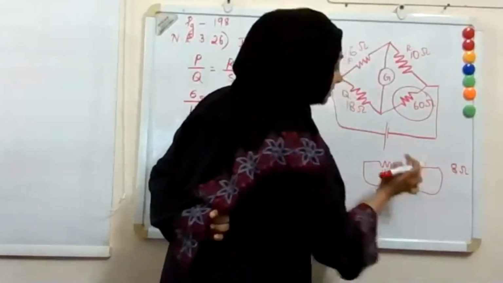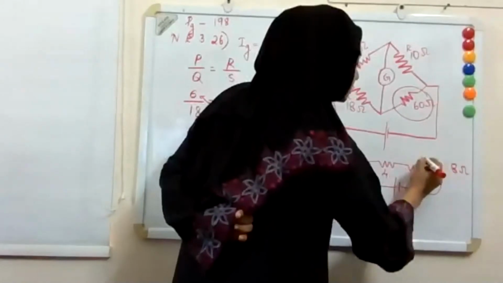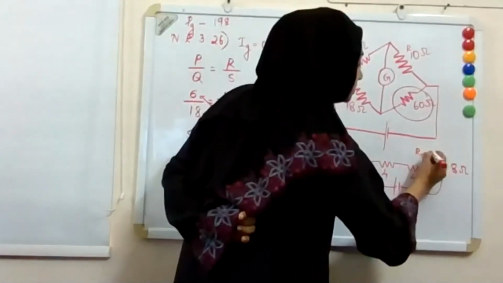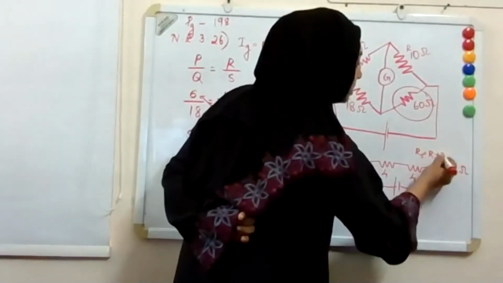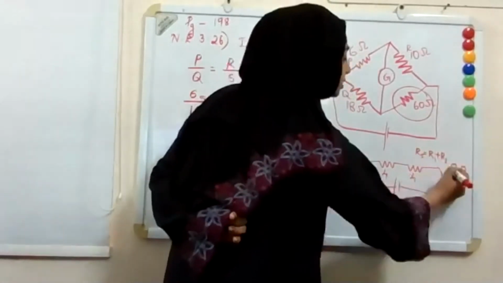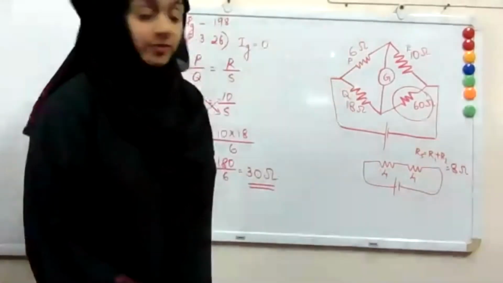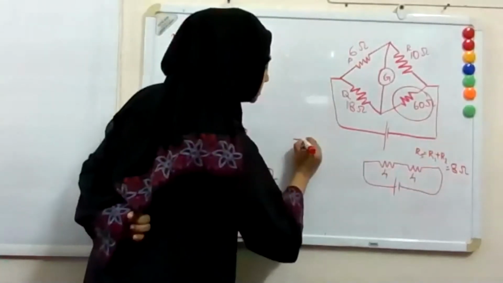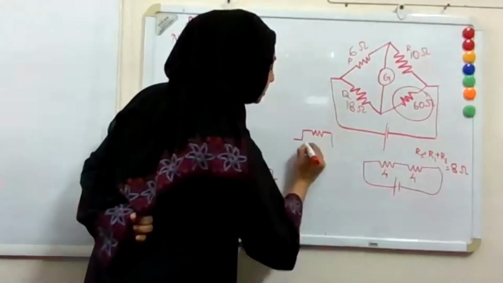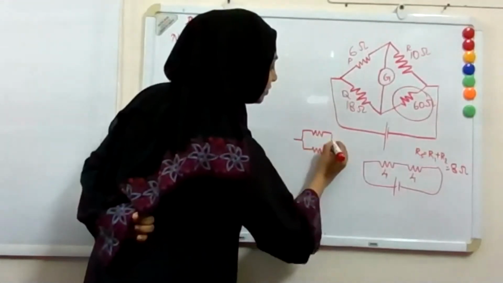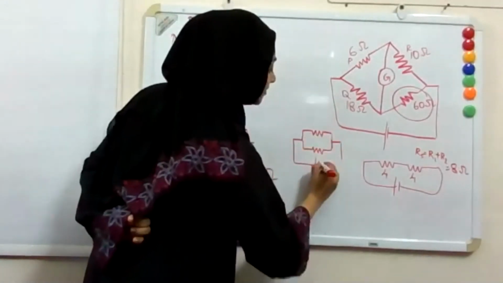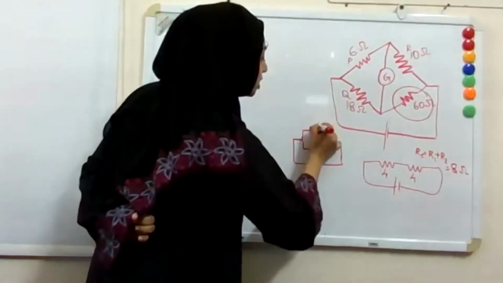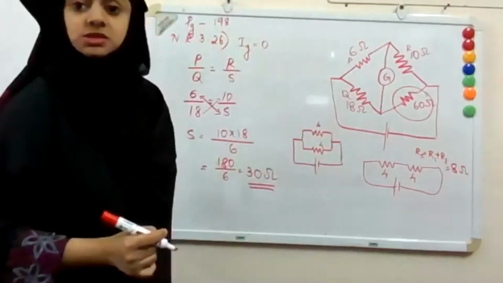Because when they are connected in series, the effective resistance Rs is equal to R1 plus R2. 4 plus 4, that is equal to 8 ohm. Now, suppose these two 4 ohm resistances are connected in parallel. What will be the effective resistance?